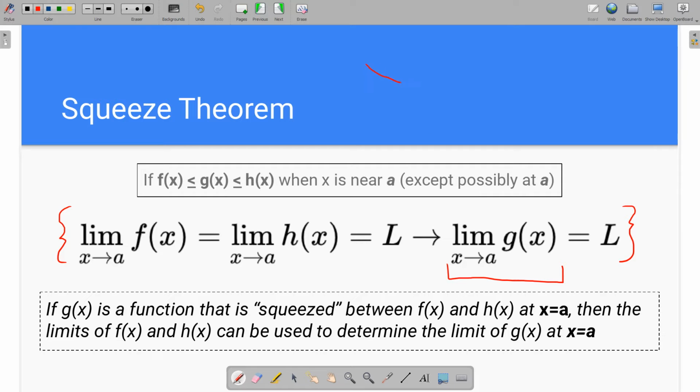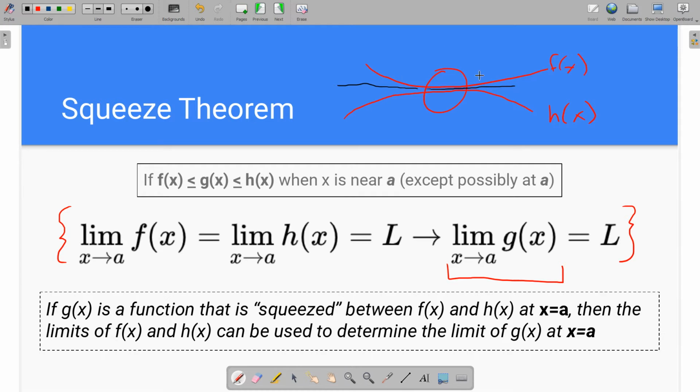Because at some point, if this is f of x, and this right here is h of x, and technically they're supposed to be much closer than this, but f of x and h of x are really close at some juncture, and then our g of x, our third function, the function we care about, gets squeezed in between these points.